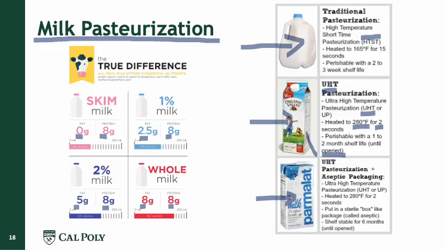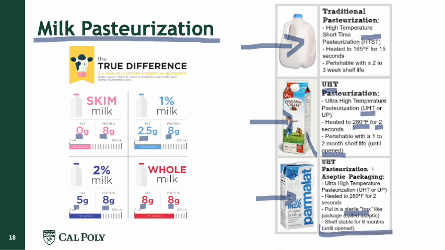And then we have a combination of processing and packaging, and this is the third one, right? We have UHT pasteurization, so the same process but plus an aseptic packaging. So the same process as described before, but now it is packaged in a sterile box. And this is called aseptic processing. So we have the milk that has been pasteurized, and we have a package that is sterile, and it is in an aseptic environment, so very sterile conditions, and this will help us have a shelf life of 6 months at room temperature.